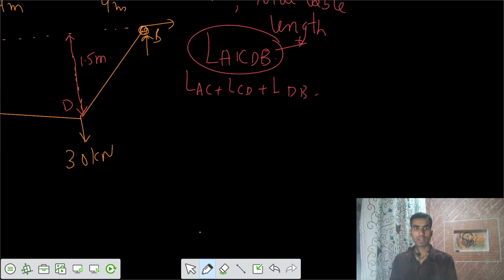So if I take this section, here we have two reactions. One is your horizontal, one is reaction B, and the horizontal distance is 4 meter, and the vertical is 1.5 meter on this section. And we know that in the cable, bending moment at any section is equal to 0.